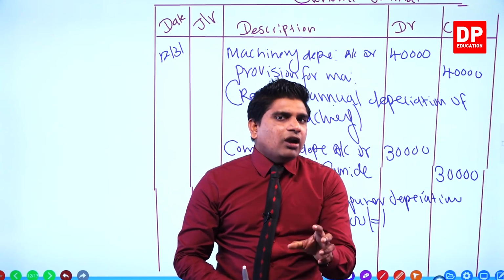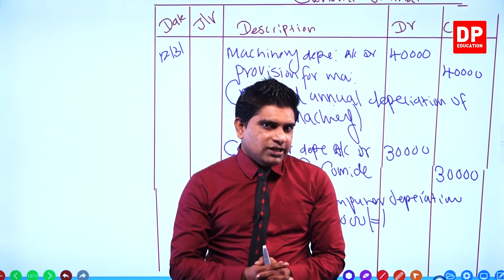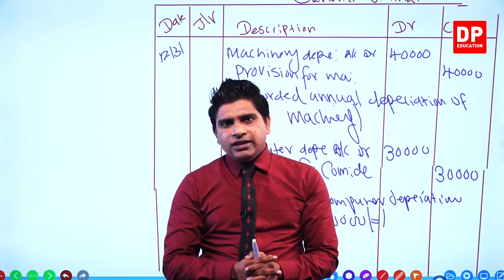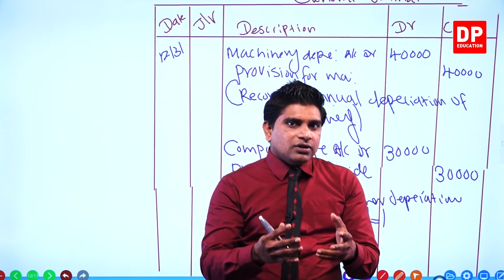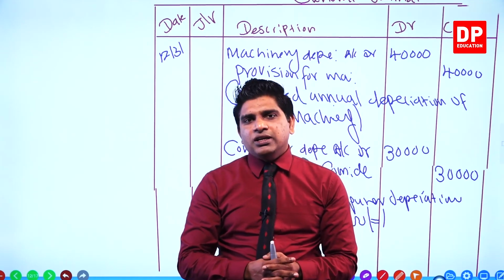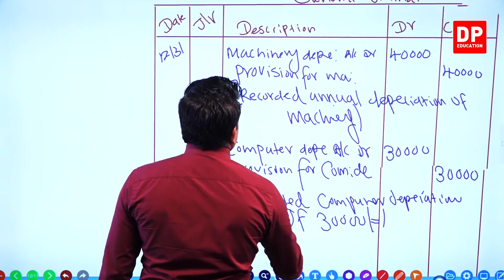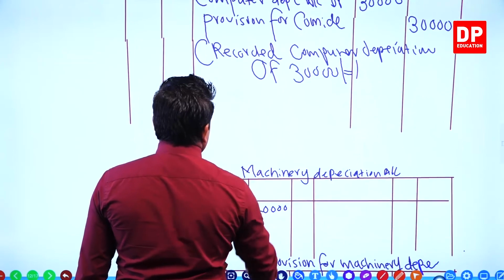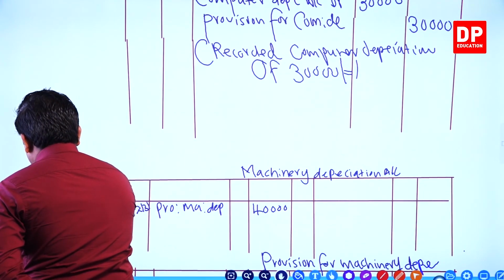I give here only the general journal entry. You can do the bad debts adjustment yourself. So I'll give here only the general journal entry, right?